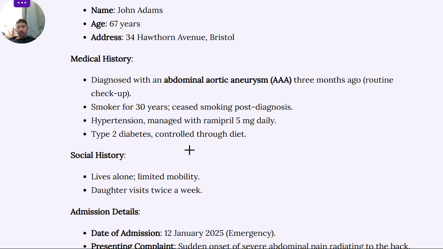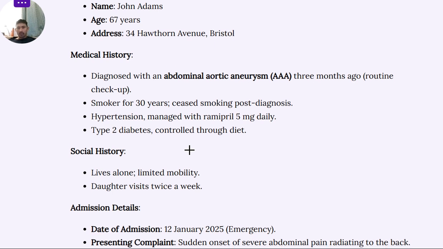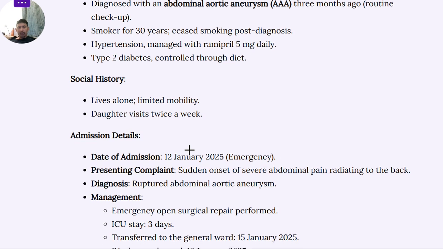Smoker for 30 years, ceased smoking post diagnosis, that means the patient stopped smoking 3 months ago. The patient has other conditions like hypertension managed with Ramipril 5 milligrams per day, and type 2 diabetes controlled through diet. Social history: lives alone, limited mobility, daughter visits twice a week.